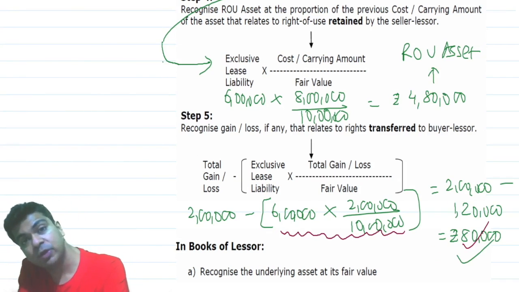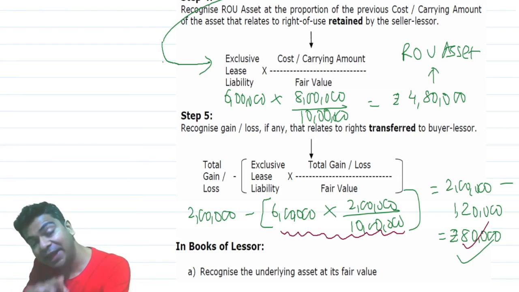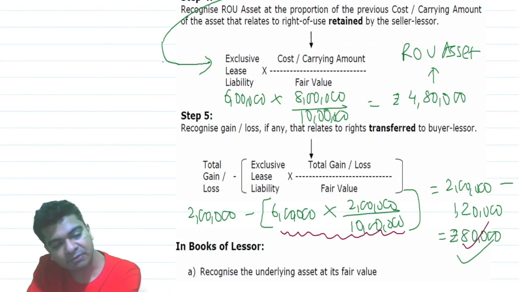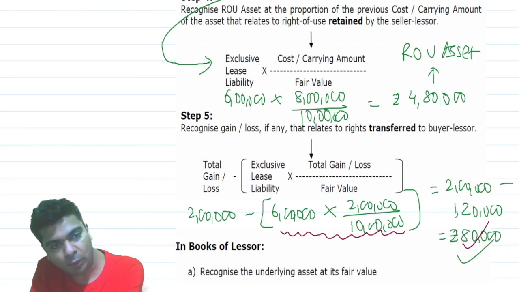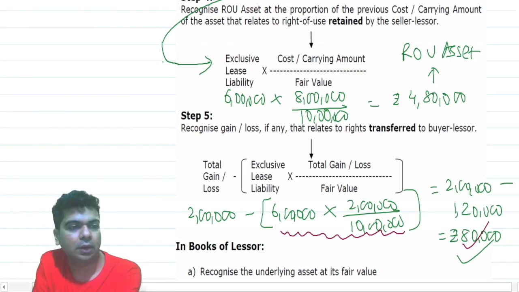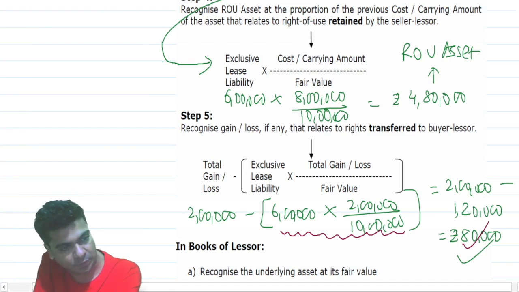So as we know in accounts, nothing ends without an accounting entry. So the treatment that we have carried out for the sale and lease back, what is the accounting entry that we can record? Say we are selling the asset for 10 lakhs of rupees.